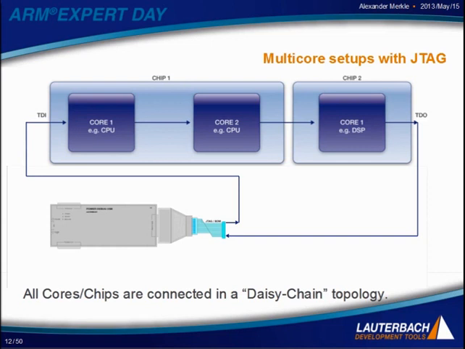What you get from this is a so-called daisy chain. You connect the debugger to the left-hand side, and it communicates through the first core, the second core, the first core of the second chip, and then it goes back to the debugging unit. So the single debug box is now capable of communicating with each core in your system.